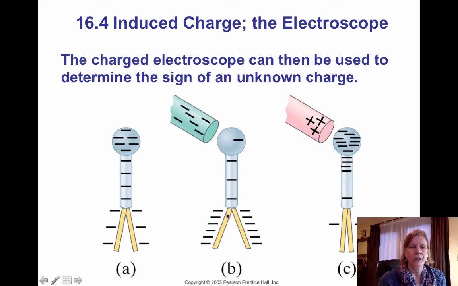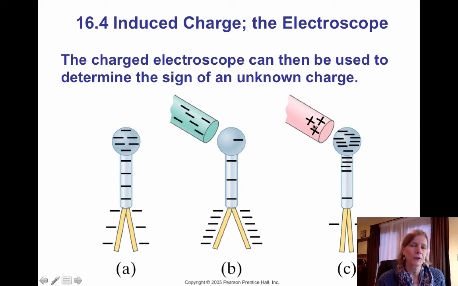We get extra electrons in the gold foils, likes repel, and the gold foils move apart. As opposed to the electroscope just sitting on its own, you bring something of the same charge nearby, and the gold leaves move further apart.